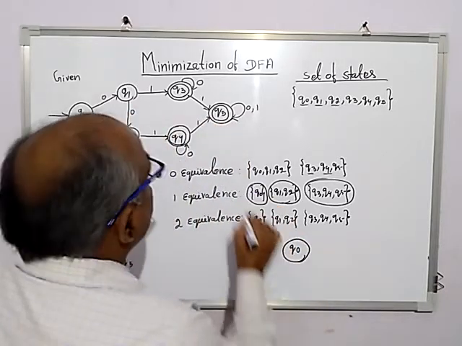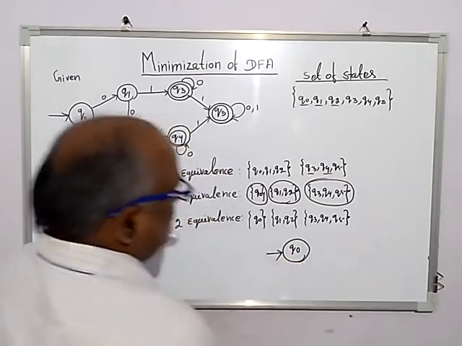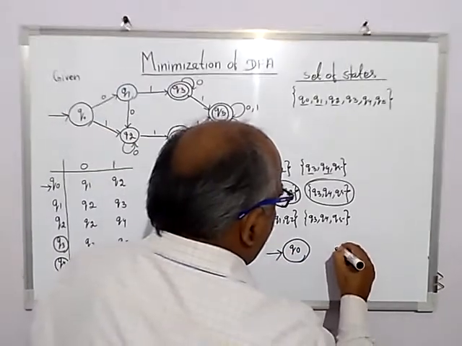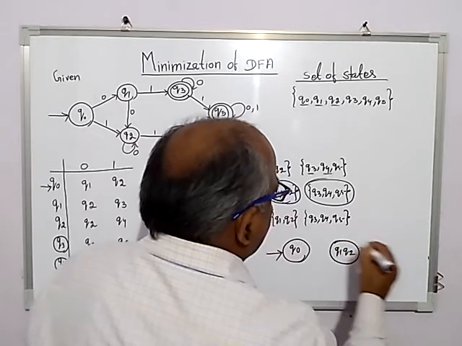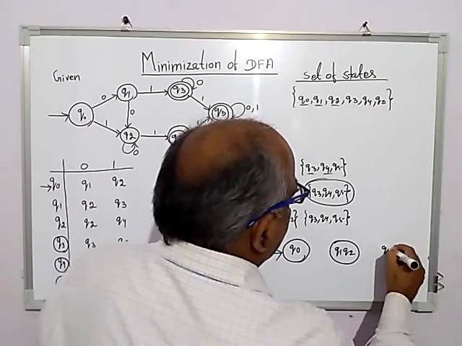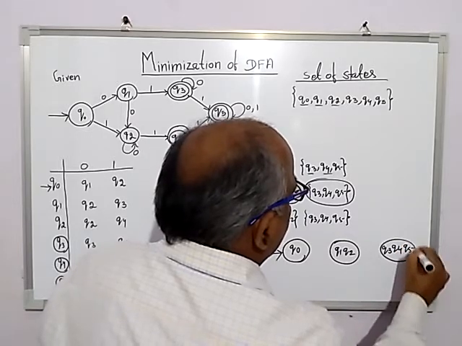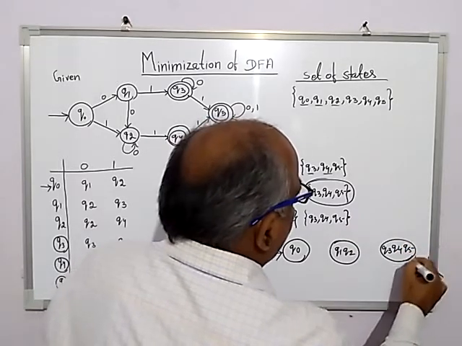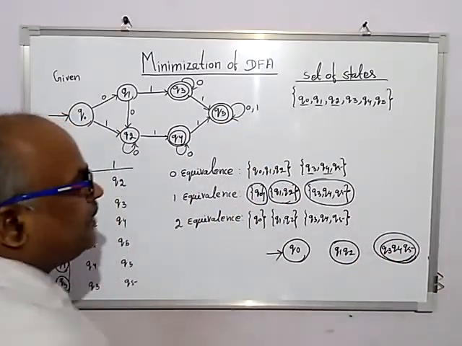Since Q0 is the beginning state of the given DFA, it is the beginning state. Then Q1, Q2 another state. Then Q3, Q4, Q5 is another state. And since Q3, Q4, Q5 are final states, for the minimized DFA this is also a final state.